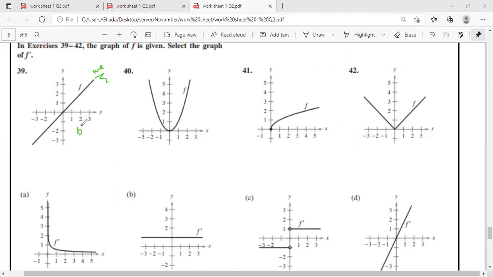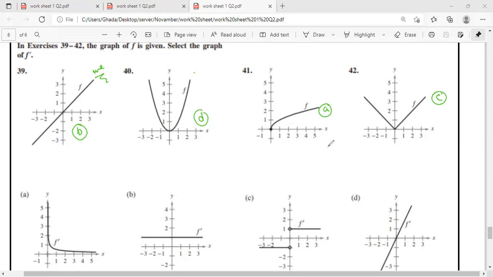So this one will be B. Quadratic that opens up will be linear with positive slope. That is D. Root function, as you see here, its sketch is which? A. Absolute value, the sketch of its derivative will be C. So B, D, A, C.